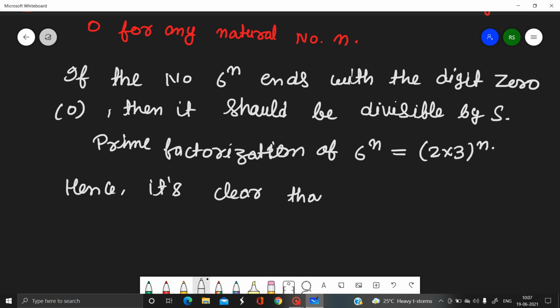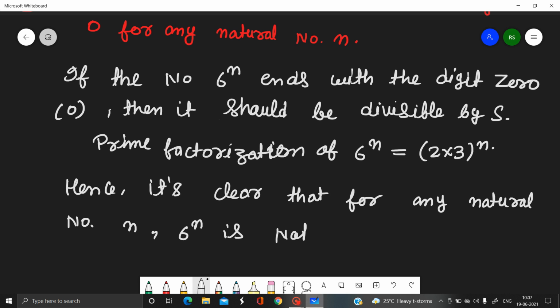Hence it's clear that for any natural number n, 6 to the power n is not divisible by 5.